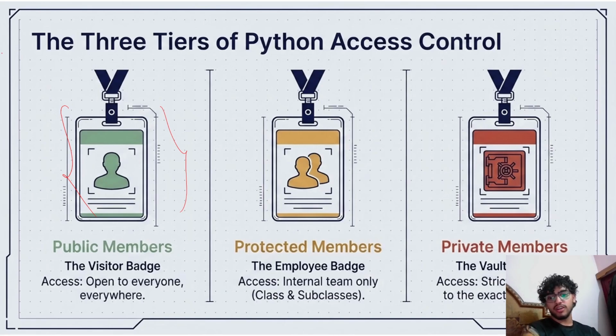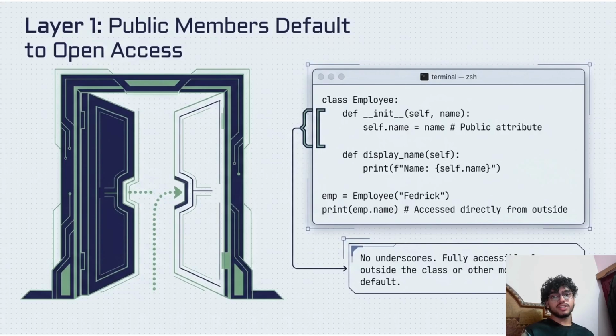You go into an event, you do everything there. That's the ID card for you. Then protected members, let's say the employee badge: only a few specified members can access it. And then private members are strictly restricted to the exact core class; only that exact class can control the members inside of it, or say methods inside of it.